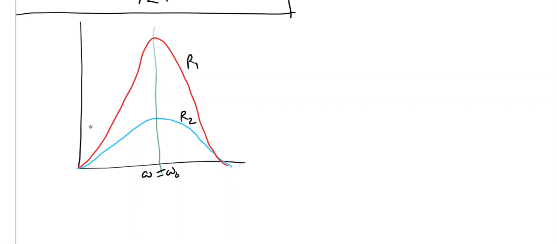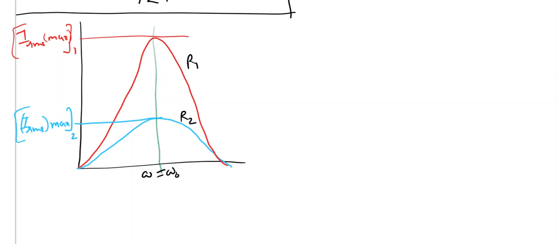So when you change the resistor value, if earlier this is the IRMS max, for R2 the new IRMS max is more. It means that R1 is less than R2. Okay, and that is the effect of a resistor on IRMS max.